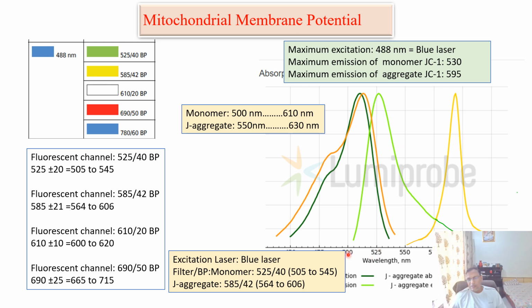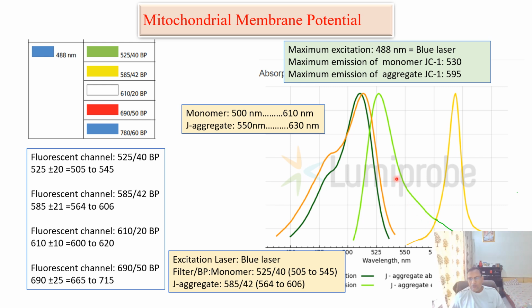Here you can see this is monomer. It ranges from 500 nanometer to 610, and the aggregate emission spectrum ranges from 550 to 630.